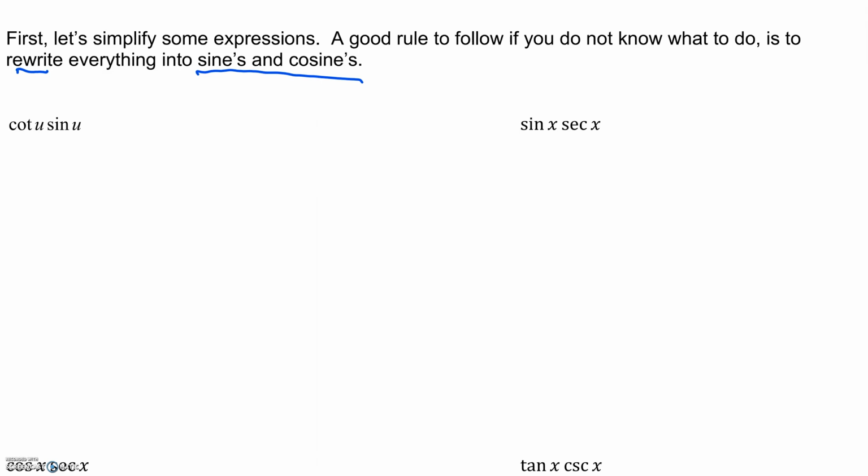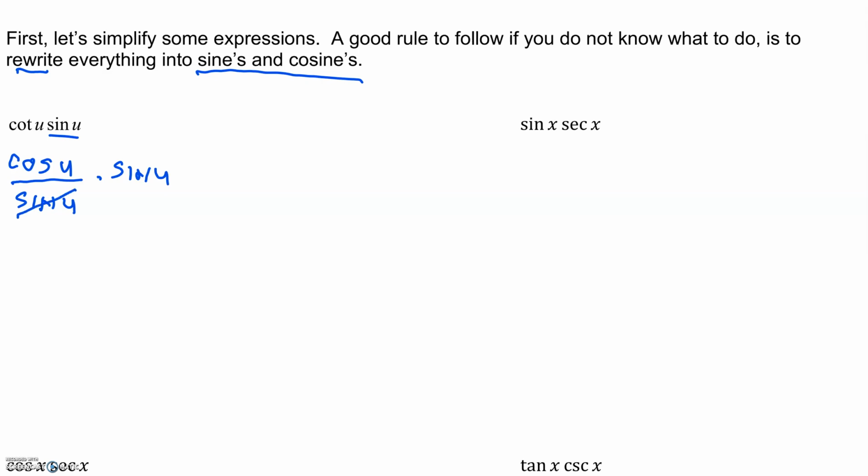So for example, this one on the left here, we know that cotangent is the same thing as the cosine of u over the sine of u. Now we're still multiplying it by the sine of u. So our first step here was just to rewrite in terms of sines and cosines.